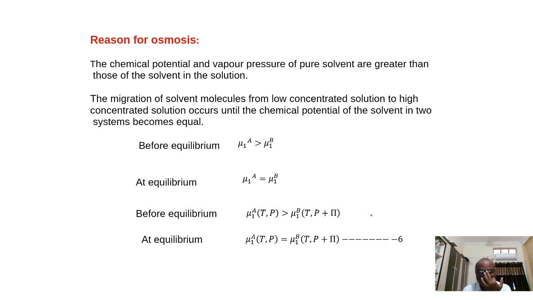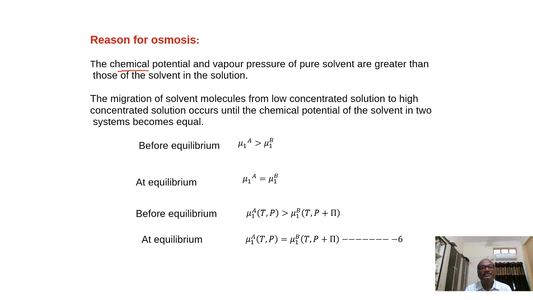Next, why will osmosis take place? Why is this happening? Why are the solvent molecules moving from low concentration region to high concentration region? Now we discuss the reason for osmosis. In order to explain the reason, again we explain this with the help of the concept of chemical potential.